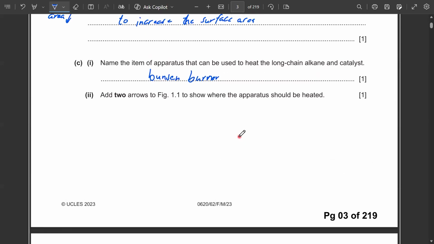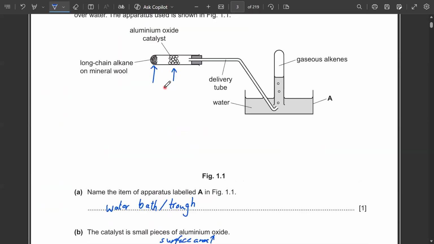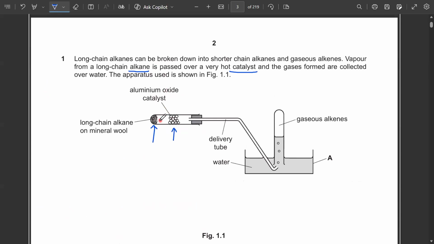So the heating of the alkane molecule, we know it is saying that the long chain alkanes, I will write in short form, long chain alkanes, when they go through the heat, convert into short chain alkanes plus alkenes.